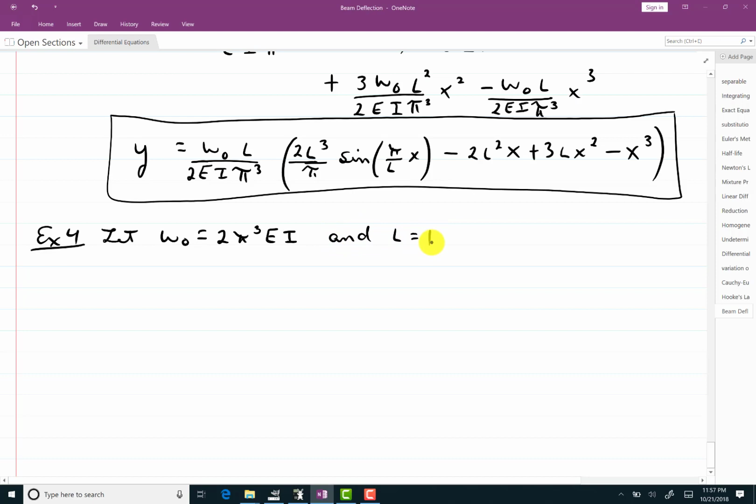That way our equation pretty much nullifies all the stuff out front. Basically when L is 1, that's not going to be a big deal. W naught was made to wipe out that stuff. So we will have 2 over pi sine of pi x minus 2x plus 3x squared minus x cubed.